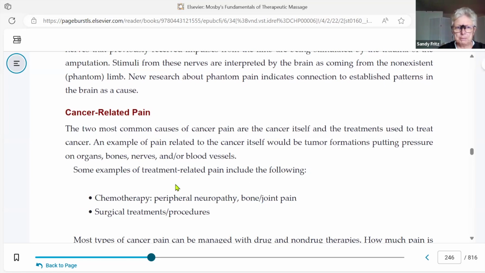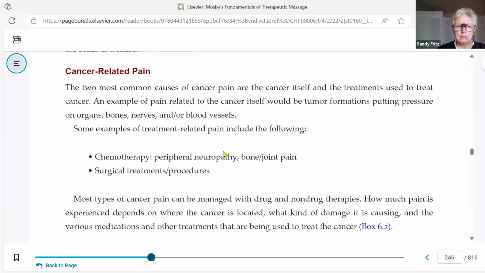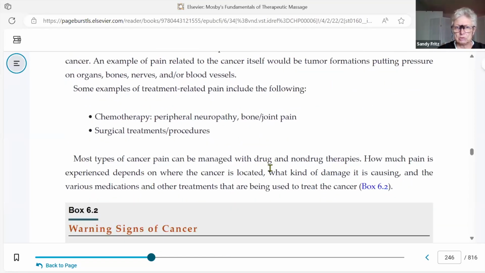And then cancer-related pain. Active cancer-related pain is considered acute pain because there's ongoing tissue damage. Cancer now is treated almost as a chronic condition, and the therapies can cause a pain process afterwards. And a lot of times it's a neurological or a neuropathy. And so the treatment of cancer pain is opiates are indicated.